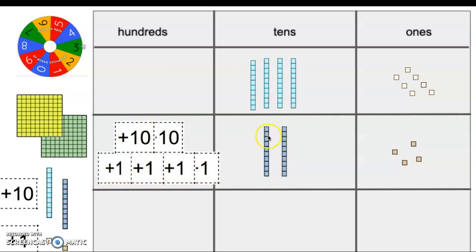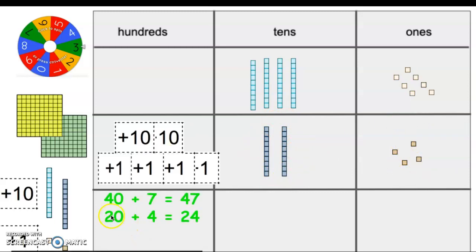So that means they represented their number with 2 rods. They dragged 2 rods of 10 because there's 2 here. And then they dragged 4 1-unit blocks because there's 4 plus 1 cards. What number is that? That's right, that's a 24.